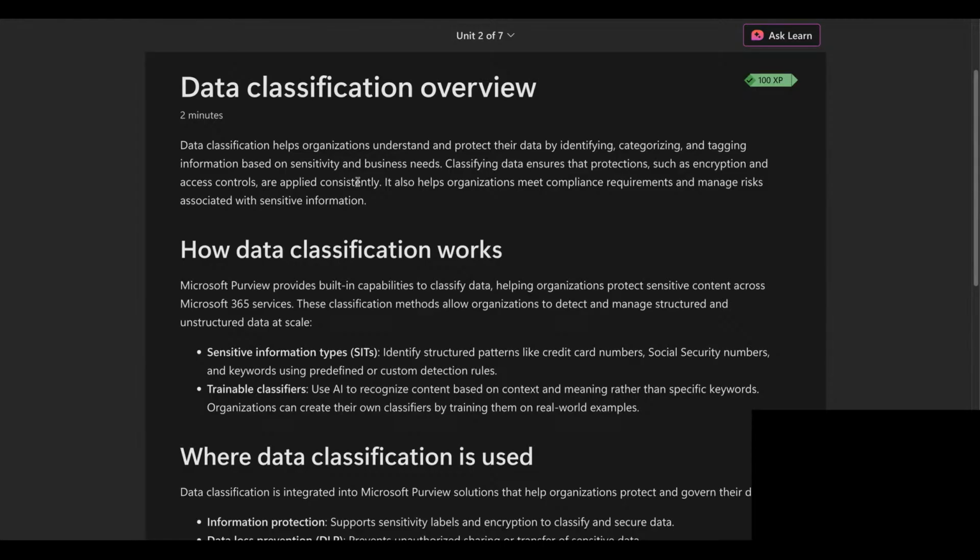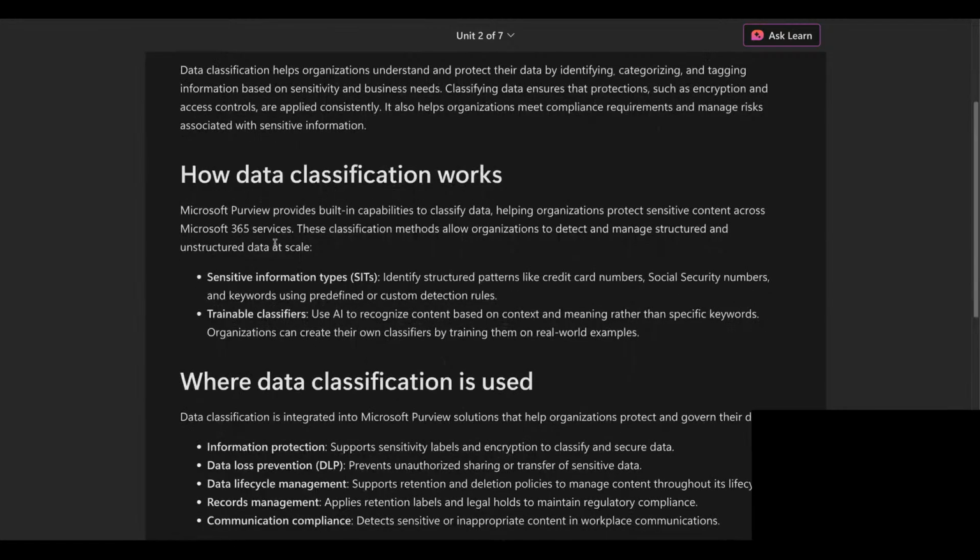Then I'm going to show you how we in a company identify sensitive data. So in Microsoft, we have different tools. Microsoft Purview. Microsoft Purview is this tool here. This is what we use. So this is Microsoft 365 Admin Center.